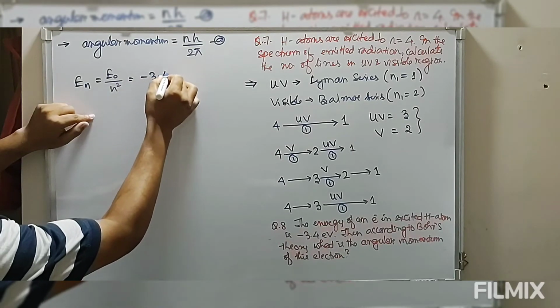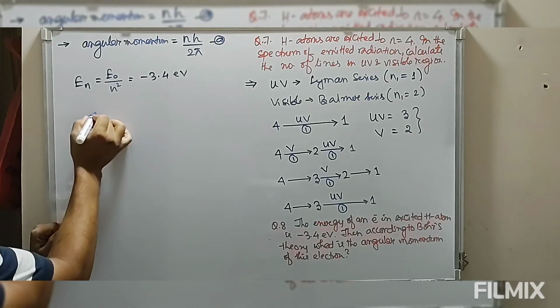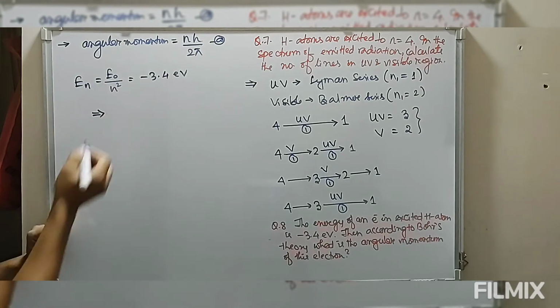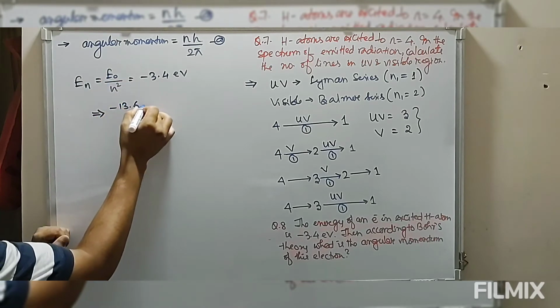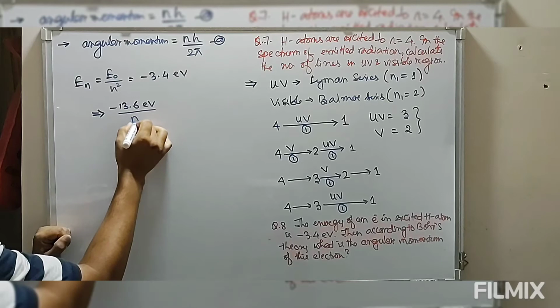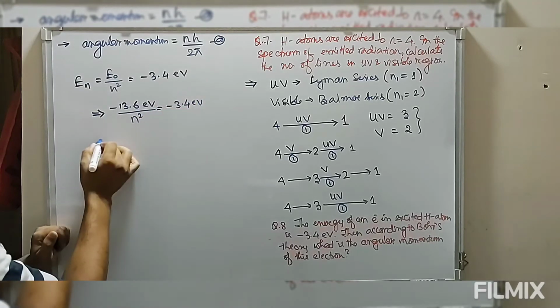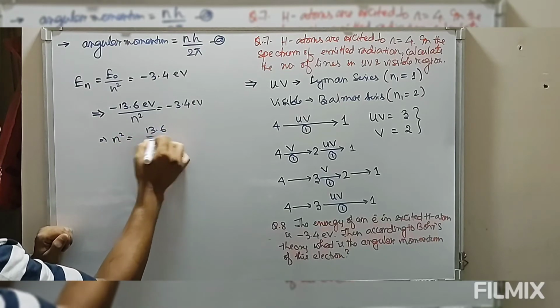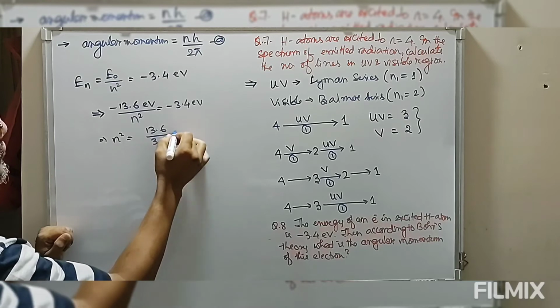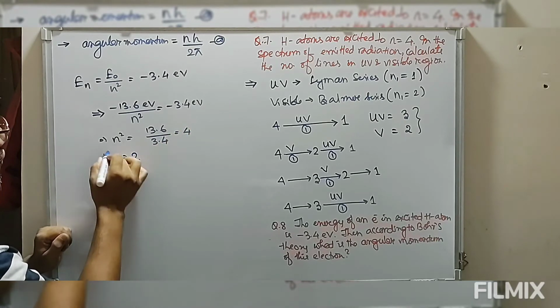The energy in the first orbit of hydrogen, E naught, is minus 13.6 electron volt, divided by n square, equals minus 3.4 electron volt. Therefore n square equals 13.6 divided by 3.4, which comes out to be 4. Therefore n equals 2.